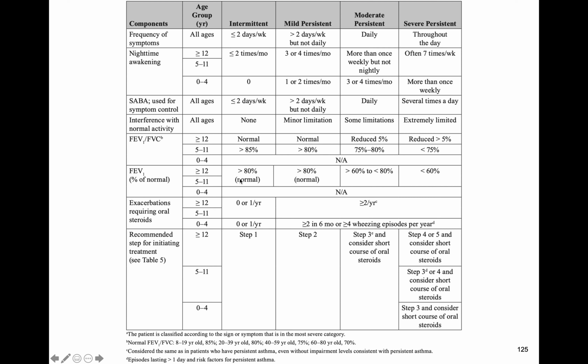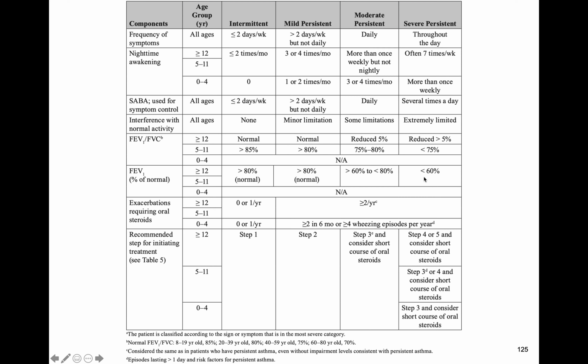So in a normal person, most of their forced vital capacity, which is how much breath you can get out of your lungs, most of that should be delivered over the first second, right? And that's that forced expiratory volume. So if you were to exhale all your breath as much as possible, most of that should come over the first second, and greater than 80% of that should be the case. And in asthmatics, that's not the case because they have a hard time exhaling that stuff out.